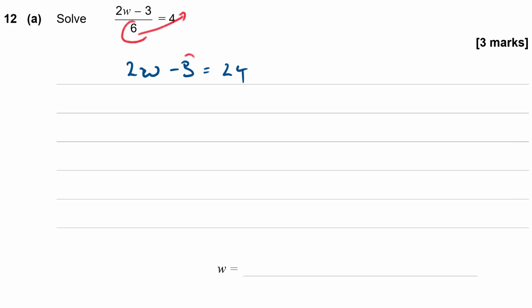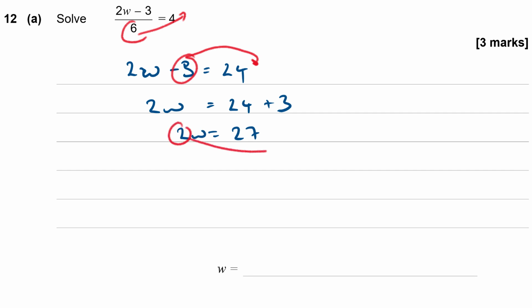Let's move the 3 over to this side. So 2w equals 24 plus 3, which is 27. And then let's divide through by 2 next. So w is equal to 27 over 2. So w is 13.5.